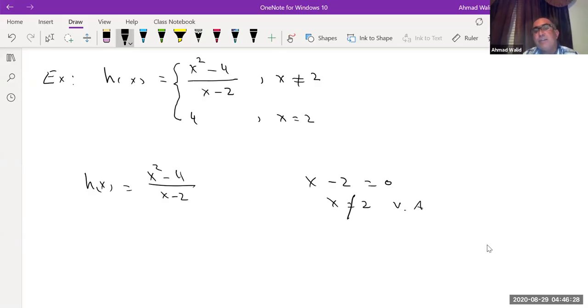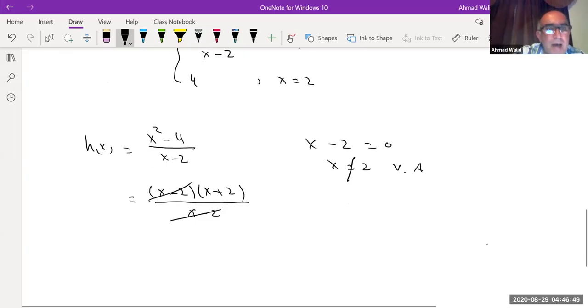X cannot take 2. But if you factor the numerator, which gives you x minus 2 times x plus 2 over x minus 2, these two cancel out. It means you have a hole, right? Now, test number 1.